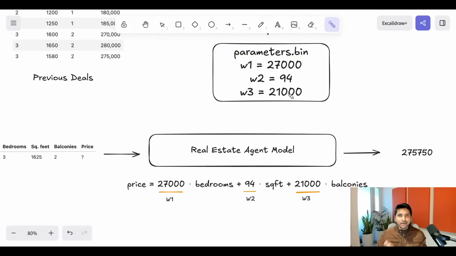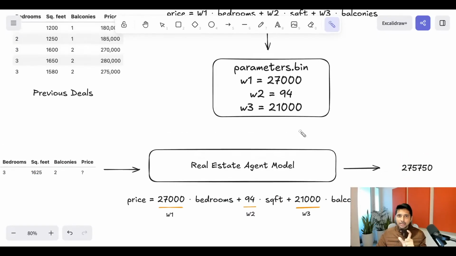We don't have to train again and again, because we first trained the model and saved all the parameters, all the weights, inside the parameters.bin. So now we can read from here and load this equation, and simply feed the number of bedrooms, square feet, and the balcony here, here, and here, right? And we will get the output like this.